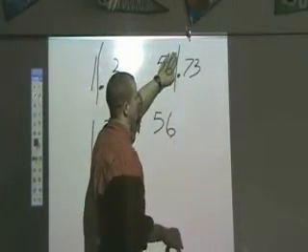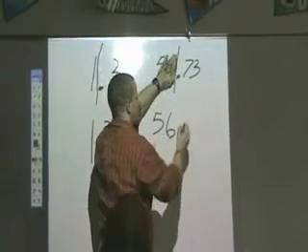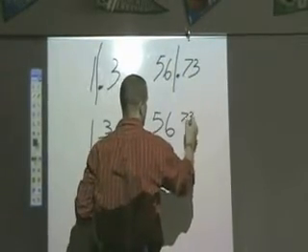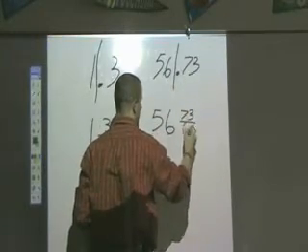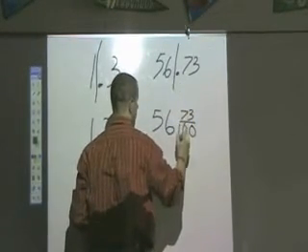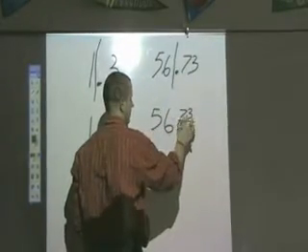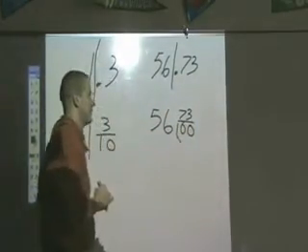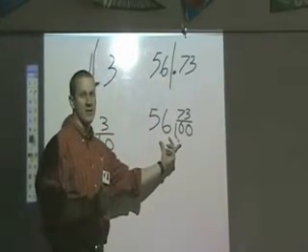Now take a look at your decimal. 0.73 or 73 hundredths. Well, 73, the decimal represents the 1. Or you could say it 73 hundredths, 73 over 100. So that's how you make 56 and 73 hundredths into a fraction.